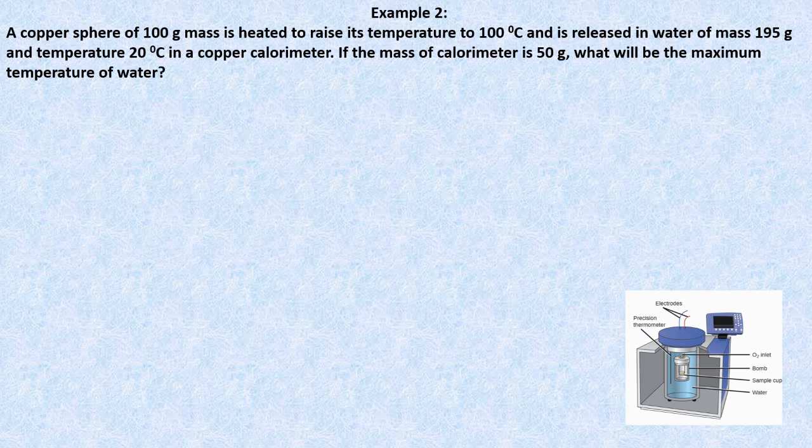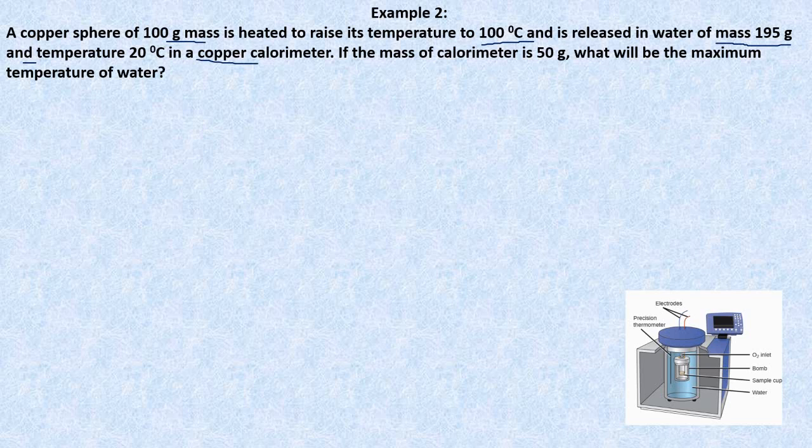The second example: a copper sphere of 100 gram mass is heated to raise its temperature to 100 degrees Celsius. When it is heated, its temperature rises to 100 degrees Celsius, and then it is released in water of mass 195 gram and temperature 20 degrees Celsius in a copper calorimeter.